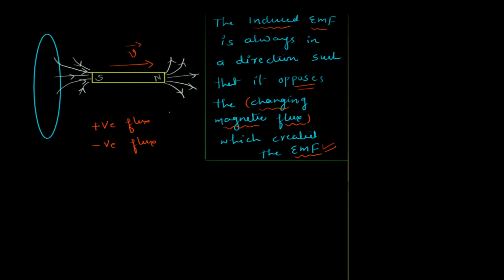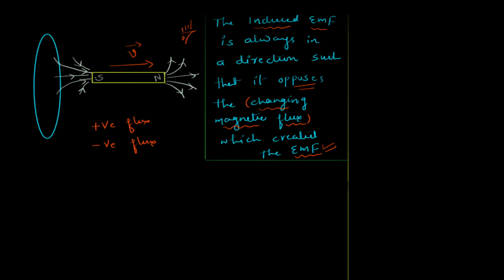Any flux which is entering is positive and any flux which is leaving a given surface is negative, right? So if you're standing here and watching from here, to you this is the leaving flux.